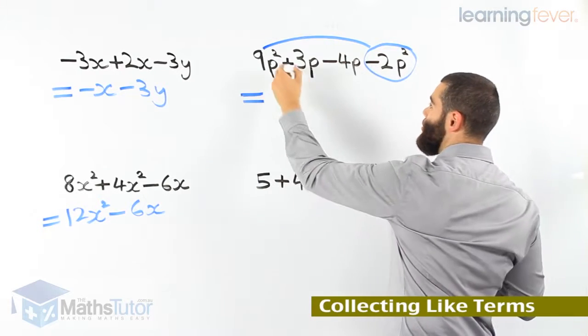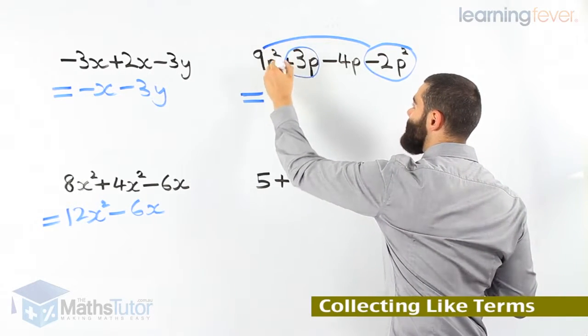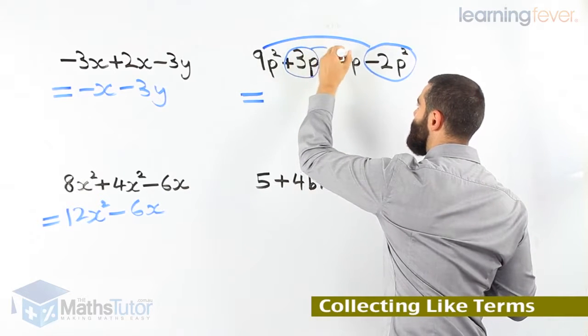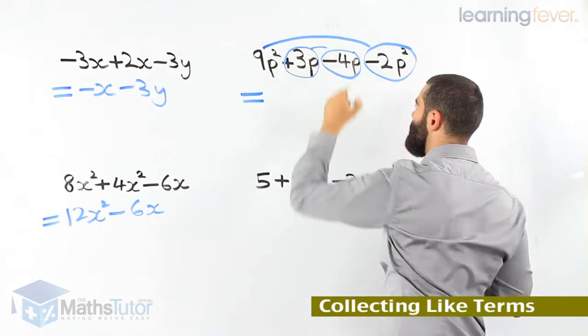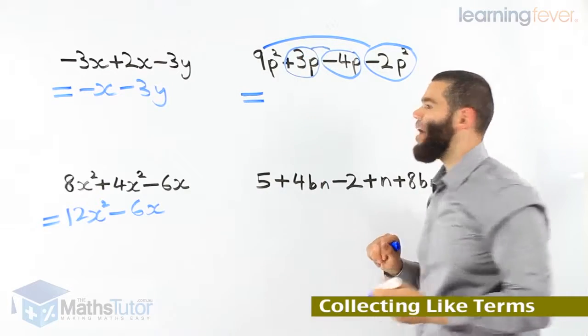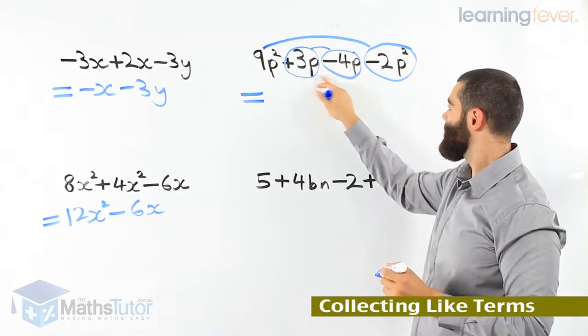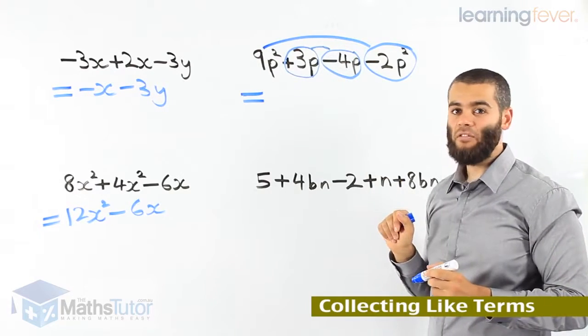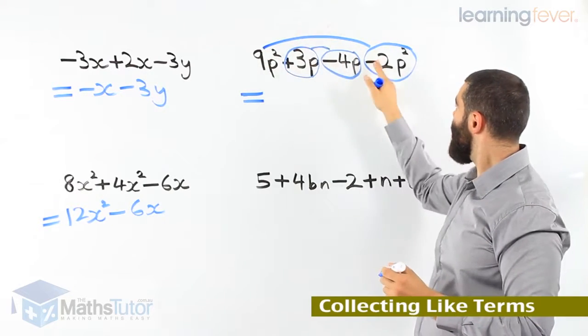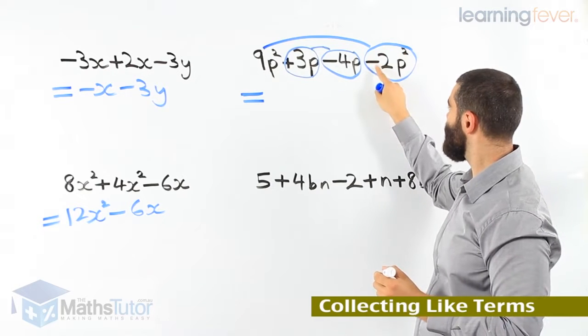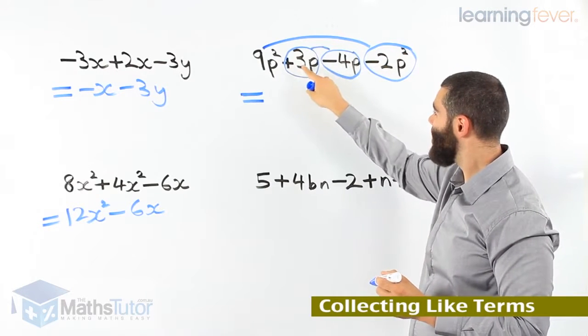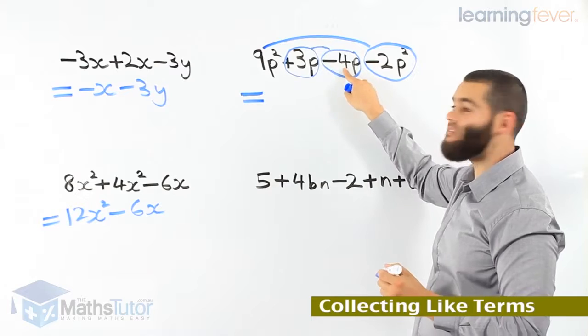And the positive 3p is a like term with minus 4p. So the p squared terms are like terms, and the p terms are like terms. Again, the minus belongs to the 2, the plus belongs to the 3, and the minus belongs to the 4.